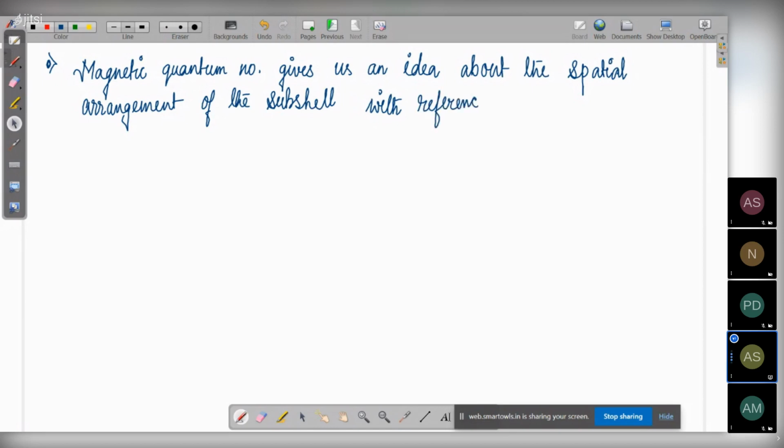Now we do not always write the full spelling of with reference to. We just write WRT. WRT only means with reference to. You can use it in any science or math. With reference to Cartesian coordinates.